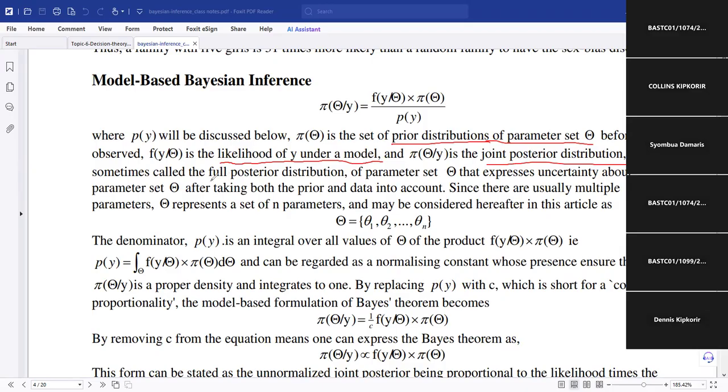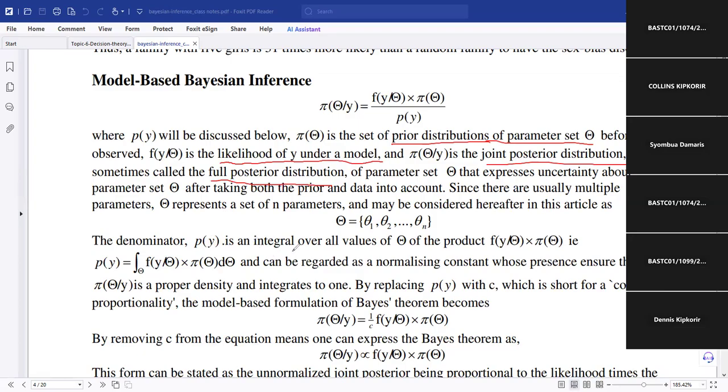Sometimes it's called the full posterior distribution of a parameter set theta that expresses uncertainty about some parameter set. And this parameter set, or parameter space, is holding theta 1, theta 2, all the way to theta n.